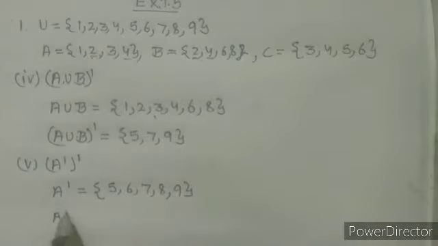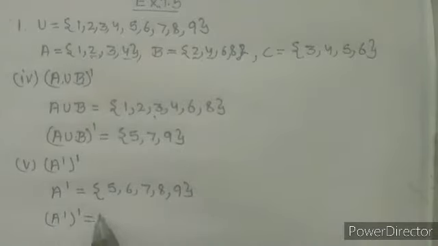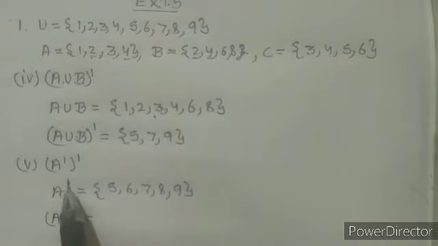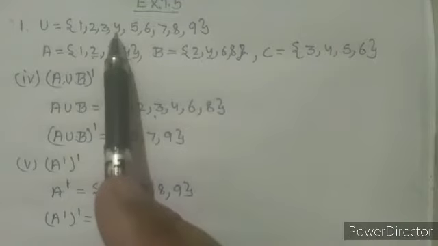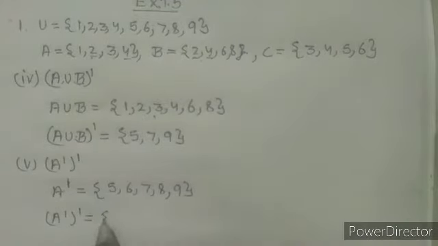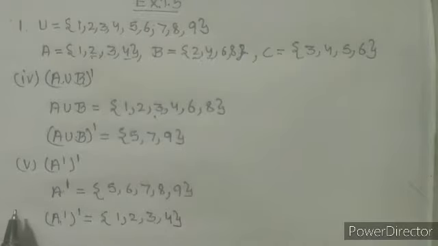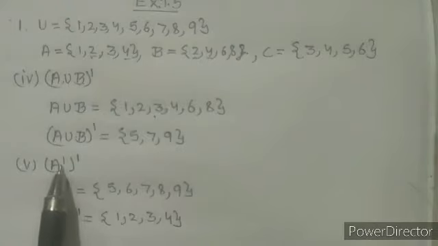Now A complement whole complement will be the set of elements which are not in A complement and are present in the universal set, and those are 1, 2, 3, 4. This will be equal to set A, as we have already studied that A complement whole complement is equal to set A.